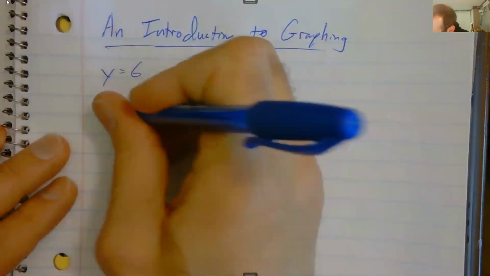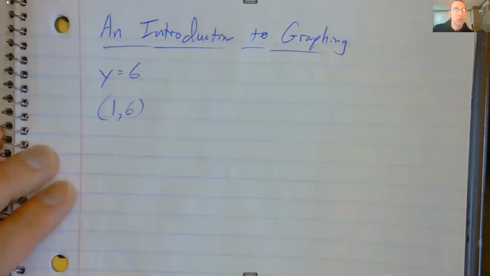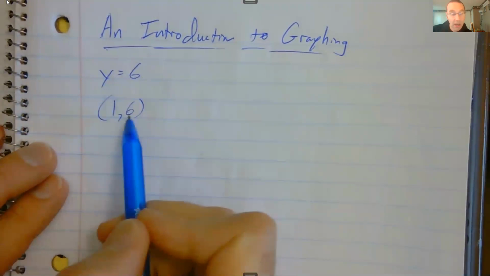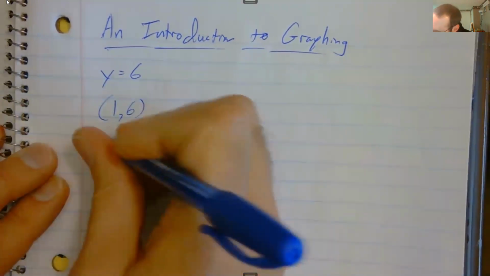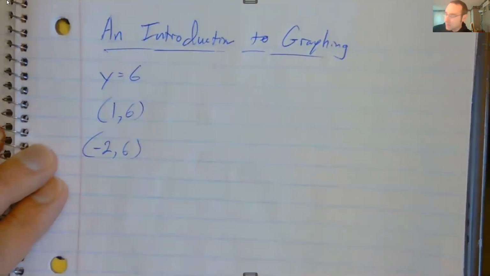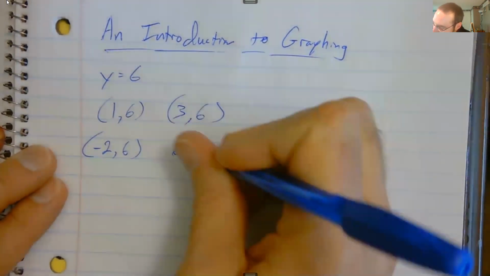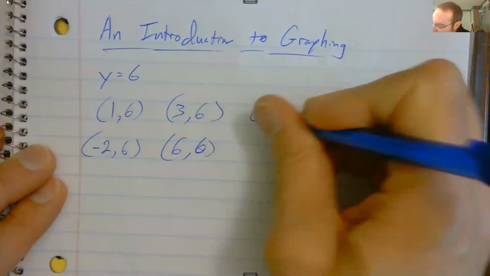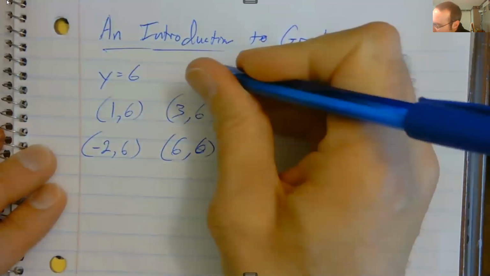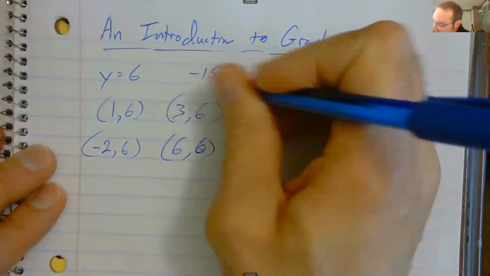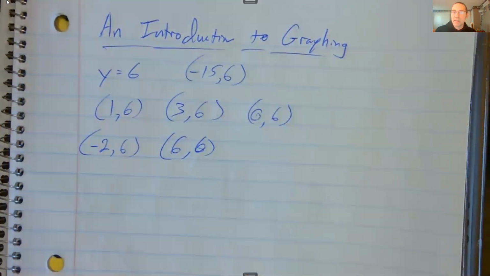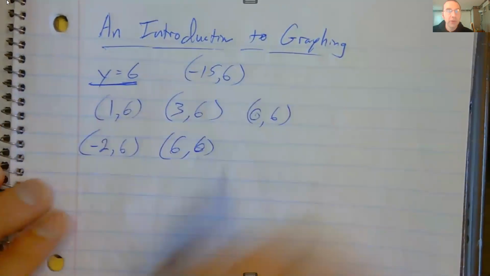The point 1 comma 6 is true for this equation because my y value is 6, or maybe negative 2 comma 6, or 3 comma 6, or 6 comma 6, or 0 comma 6, or maybe negative 15 comma 6. All of those points make this equation true because their y value is 6.